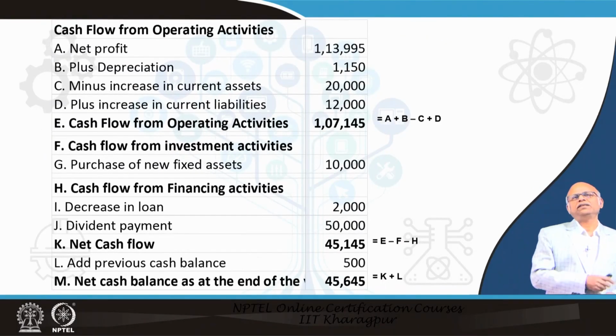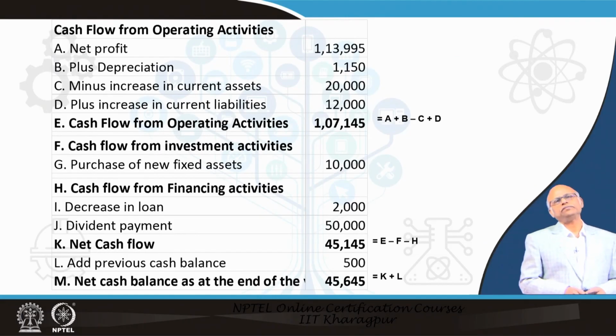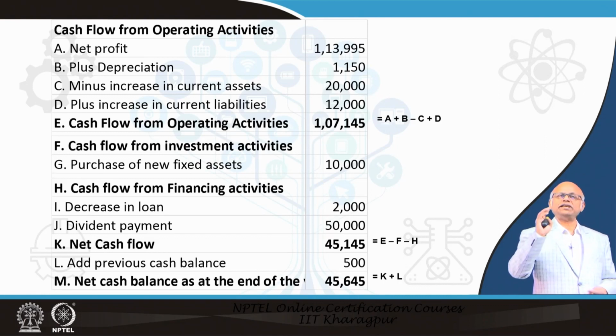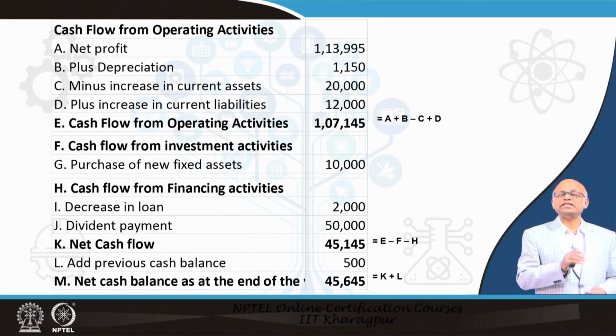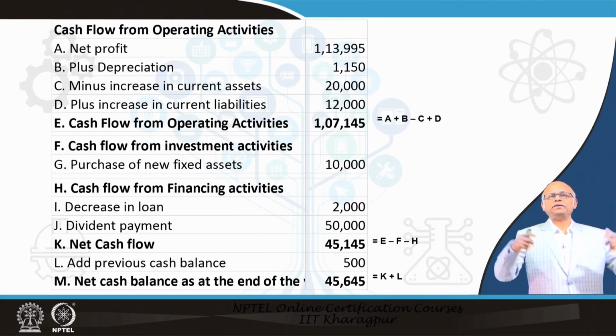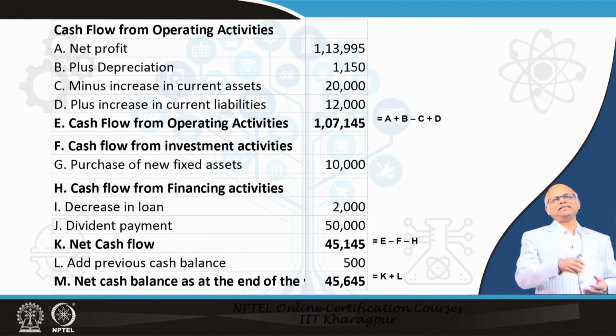And here is all the entries together. So, cash flow from operating activities, net profit, then plus depreciation. Depreciation is a positive cash flow, because it is a non-cash expense that you have allowed in the profit and loss account, whereas no cash expense has been incurred. So, you add them back, minus increase in current asset.